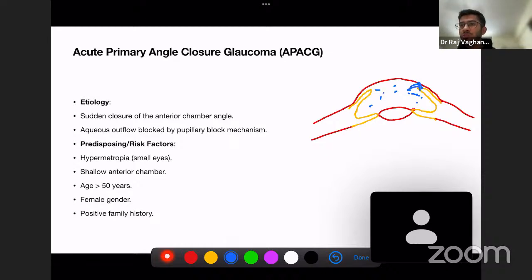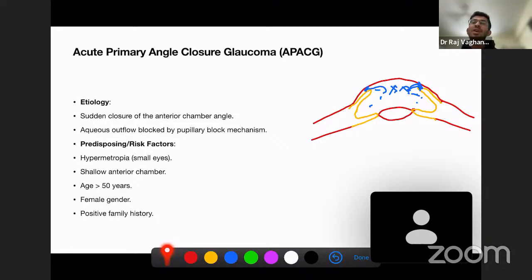So it will lead to an increase in the aqueous humor filled up, and that will result in an increase in IOP. So sudden closure of the anterior chamber angle, or the aqueous outflow blocked by the pupillary block mechanism, can also cause angle closure glaucoma.